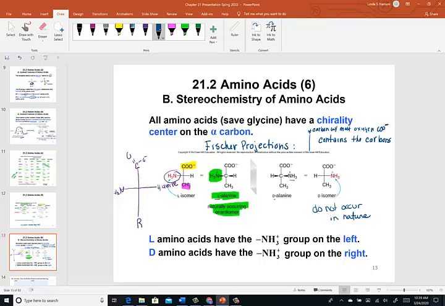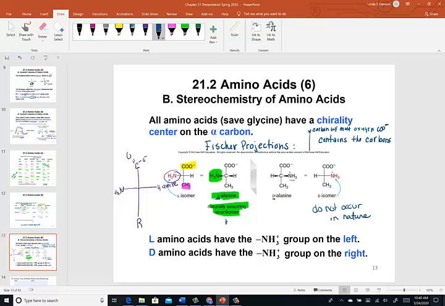The L amino acids are the naturally occurring amino acids. L stands for left. It stands for levo, but it means left. And D stands for dextro, which means right. The L is the naturally occurring amino acid. So these two are enantiomers. We have an L enantiomer and a D enantiomer. The L on the left side is the naturally occurring enantiomer of an amino acid.